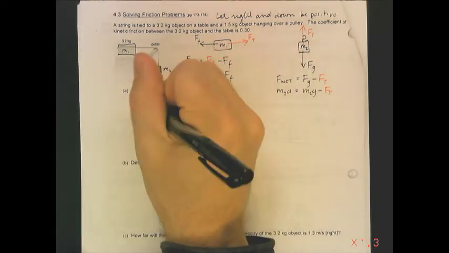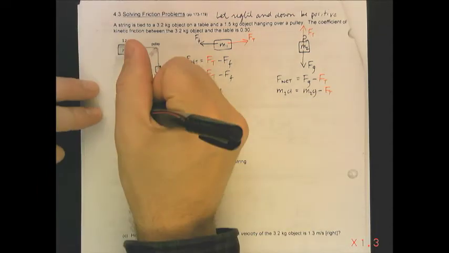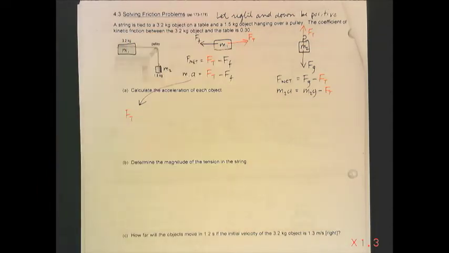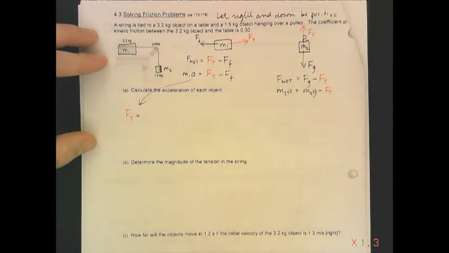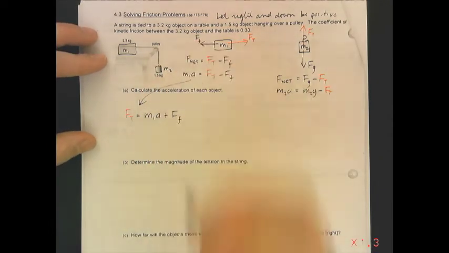So this guy here, tension is equal to M1A plus the force of friction.